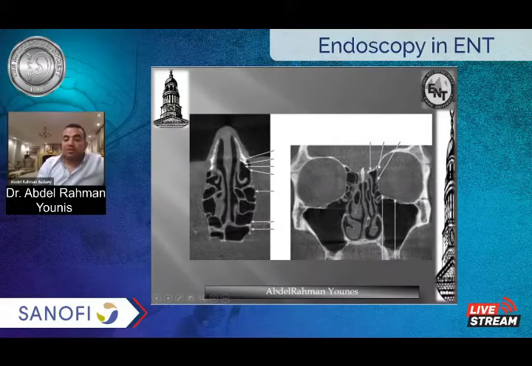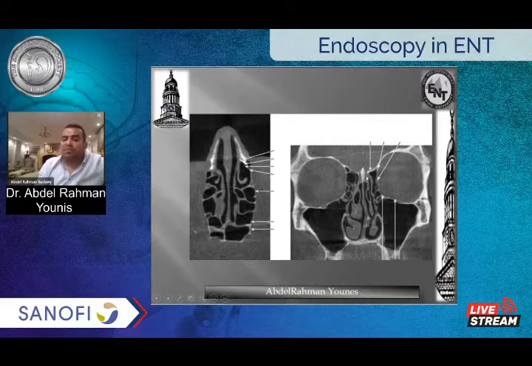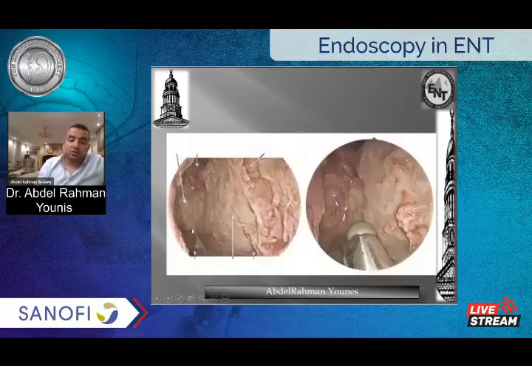So the lamina papyracea runs from the skull base down to the maxillary sinus. If we need an excellent view of the lamina papyracea, we have to have a wide middle meatal antrostomy and proper anterior and posterior sphenoidectomy to see the lamina papyracea from anterior to posterior.